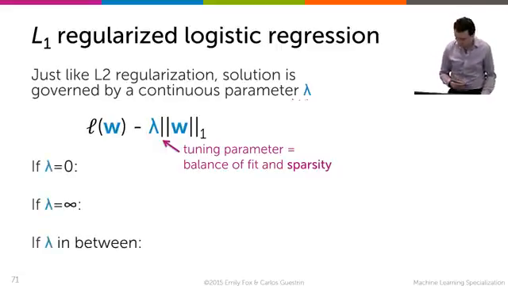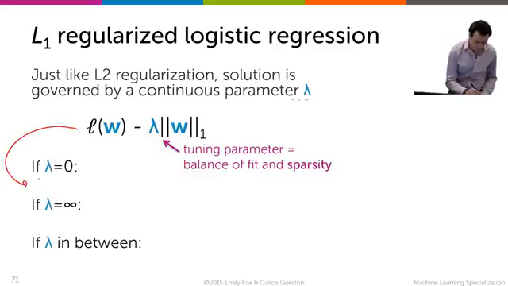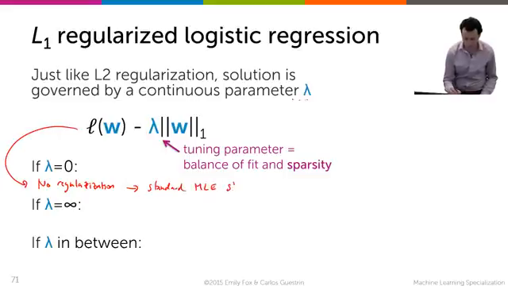When lambda equals 0, we have no regularization, which leads us to the standard MLE solution, just like in the case of L2 regularization.